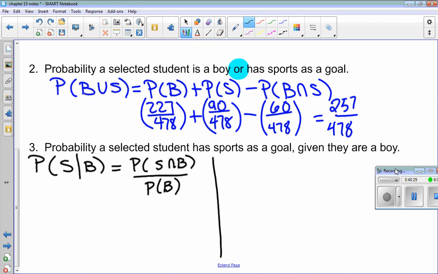Now I'm plugging in numbers. The probability of sports and a boy. We found that at the beginning, didn't we? Wasn't that 60 over 478?